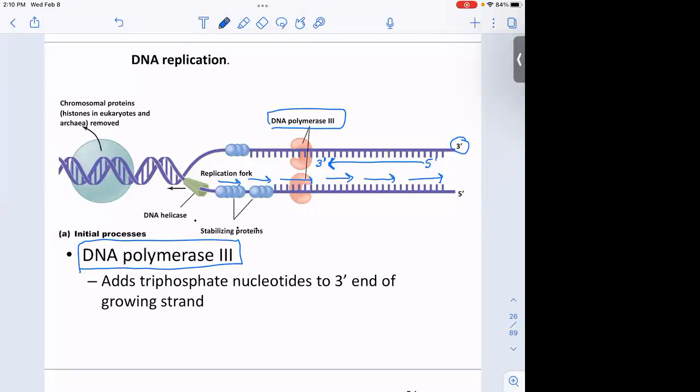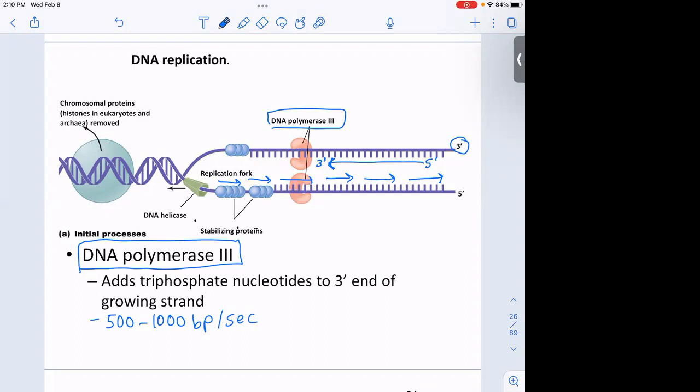So again, this adds those triphosphate nucleotides, nucleotides that have the phosphates with them for the energy to polymerize the reaction. The speed here is impressive. Whoops, not 5,000. 500 to 1,000 base pairs are added per second.